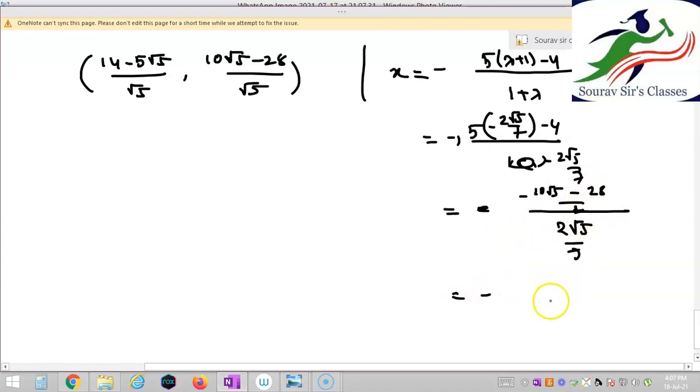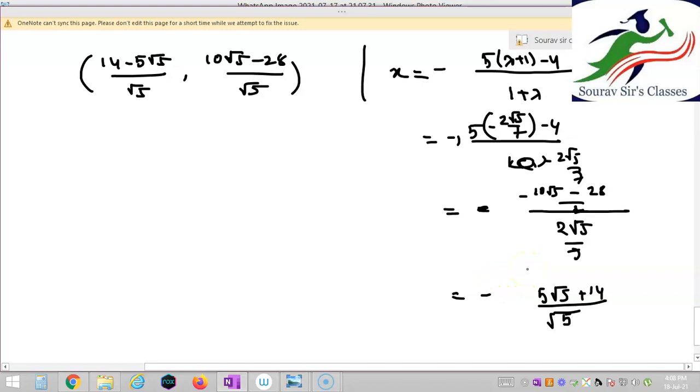Taking minus common, 7 out and cancelling 2 from the numerator and denominator, I can write root 5 into 5 root 5 plus 14, right? 5 root 5 plus 14, this is the value of x.